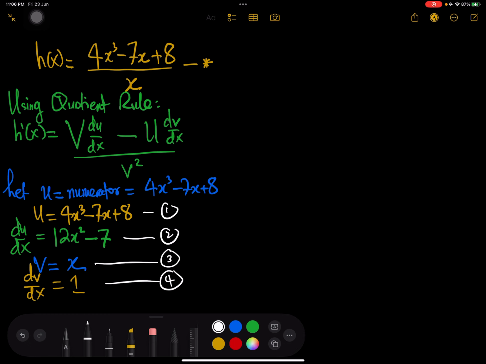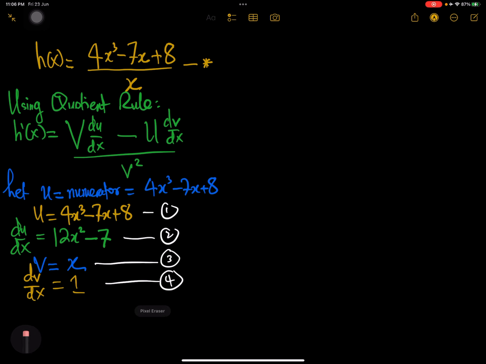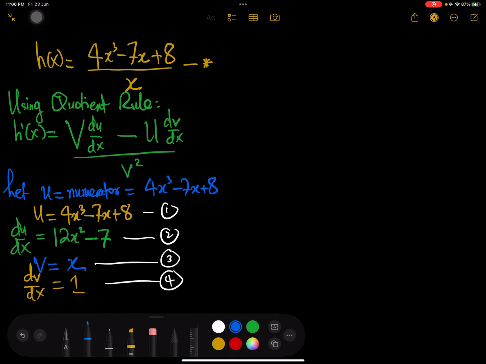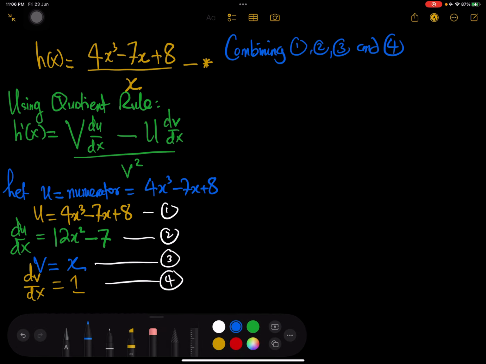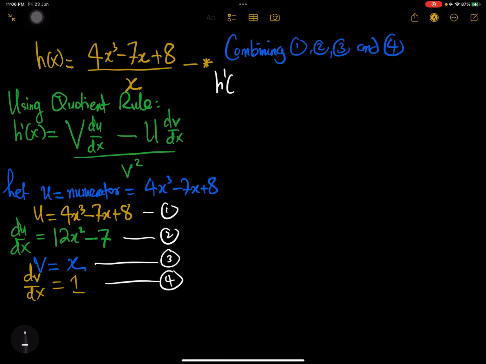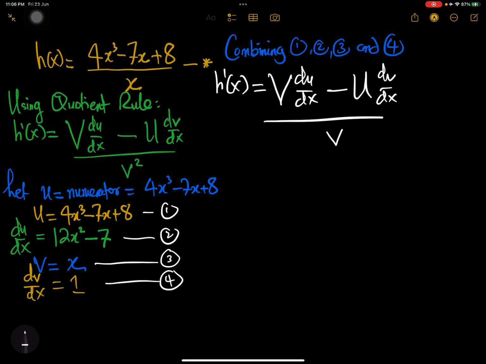Now we can say that if we combine equations 1, 2, 3, and 4, our h prime of x, which is v du dx minus u dv dx, all divided by v squared.